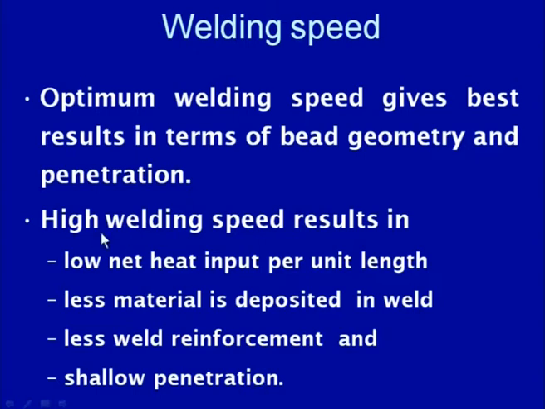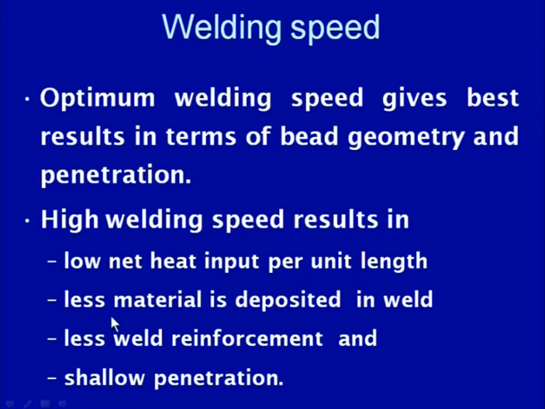When too high a welding speed is used, the arc will be moving very fast, and for the given value of arc voltage and arc current, if we divide by the welding speed, then the net heat input in terms of kilojoule per mm will be reduced.